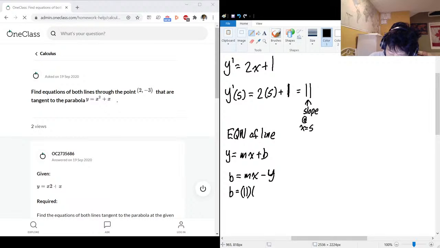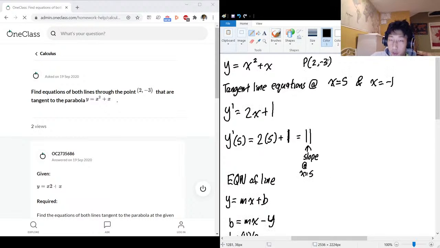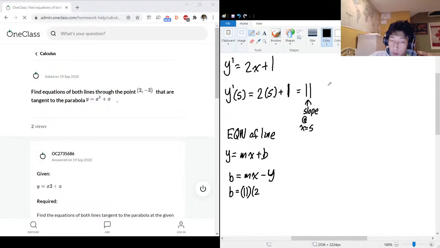multiplied by 2, and we're getting that from point P. We're subbing in point P, 2 for x, negative 3 for y, minus negative 3. So b is 22, plus 3, is 25.